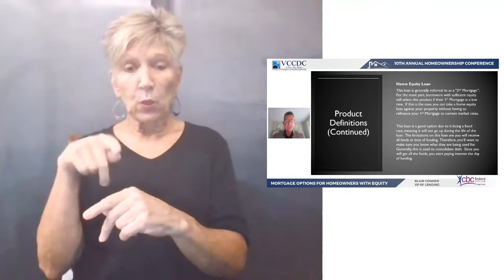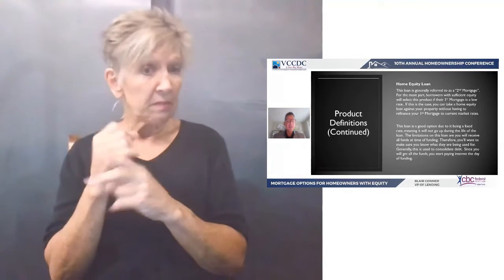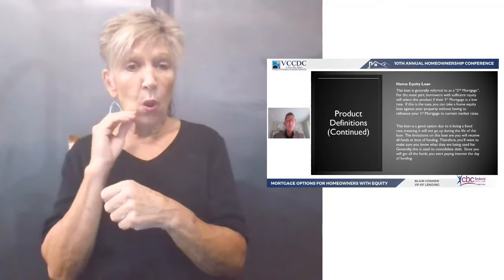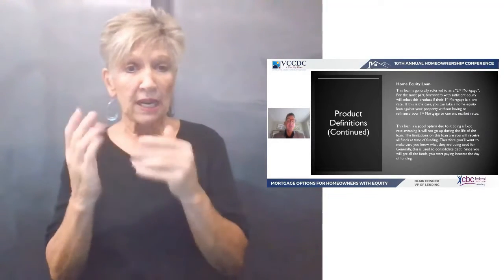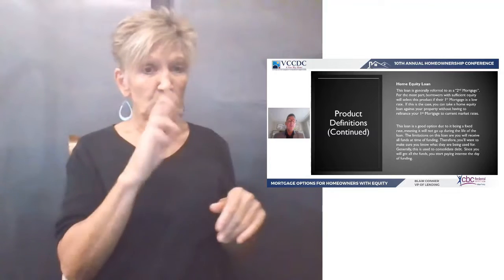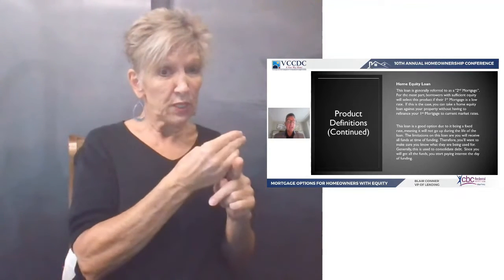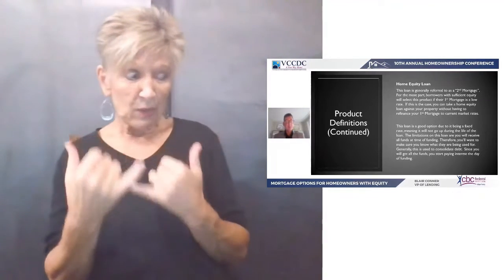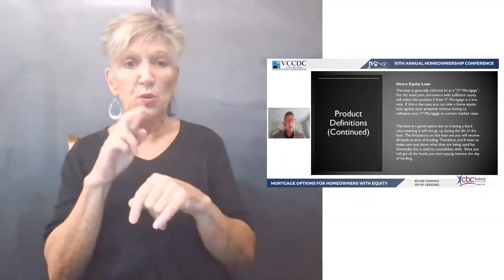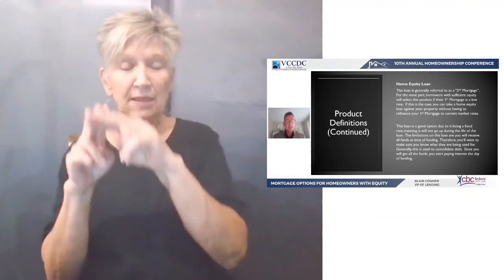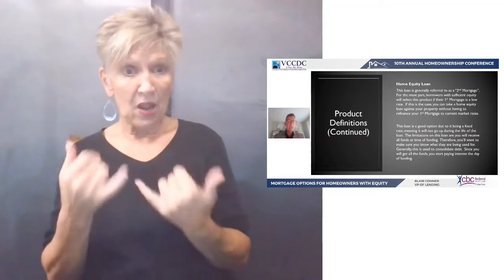So if this is the case, you can take a home equity loan against your property without having to refinance the first mortgage and move it to current rates when you're in a situation like we are right now, which is a rising interest rate market. This loan is a good option due to it being a fixed rate, meaning it's not going to change.